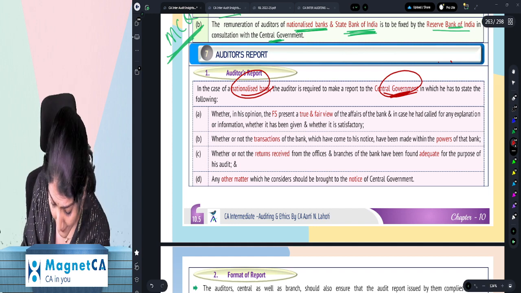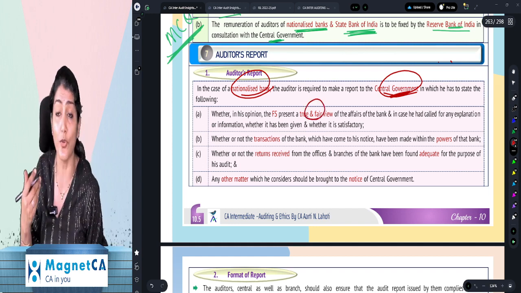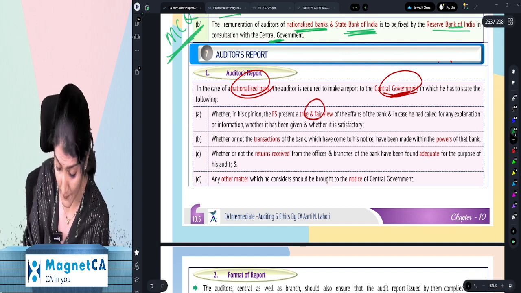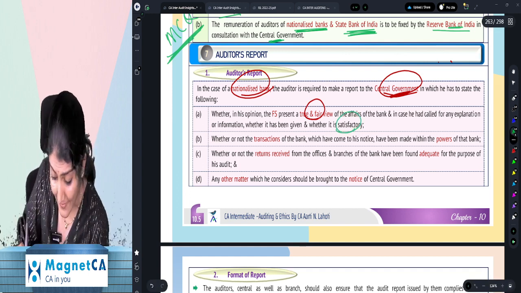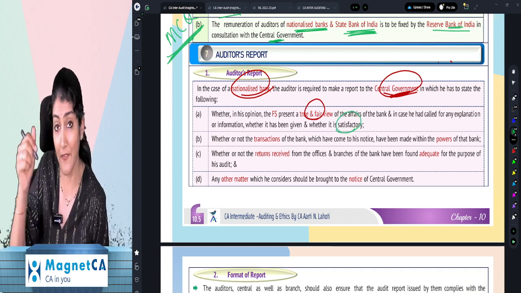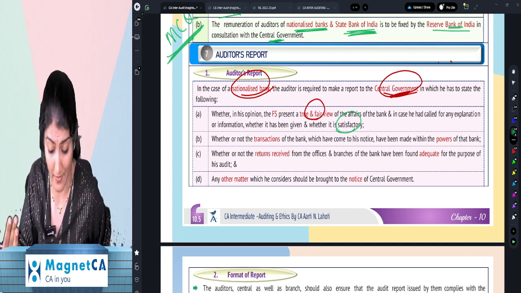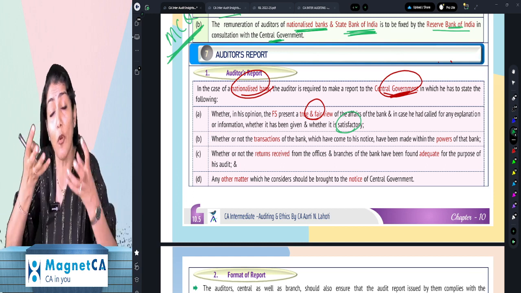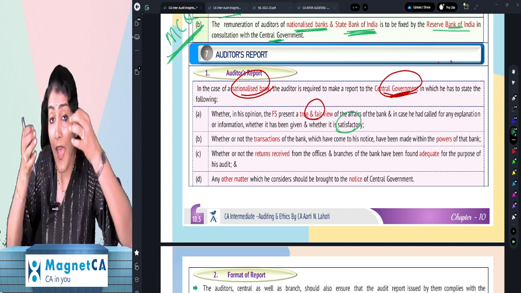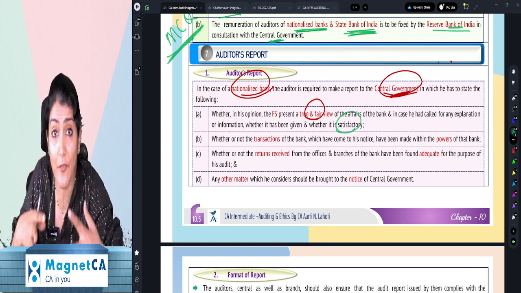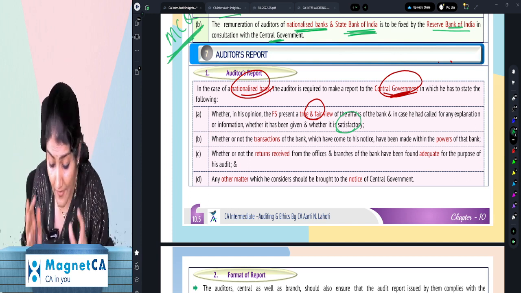What do they report? Whether the financial statements of the bank give a true and fair view. Then whether they have got all the information and explanation and whether it is found to be satisfactory. This is new. In a normal company we only say, have you obtained information and explanation. In a banking company, we also say whether the information and explanation obtained is satisfactory.